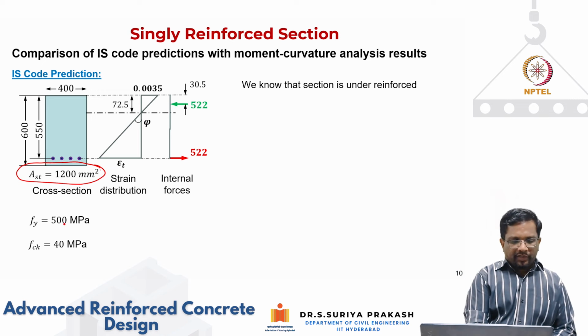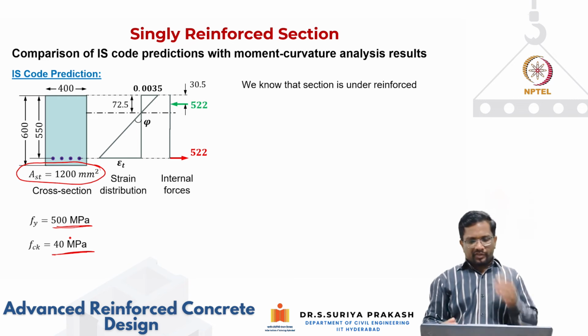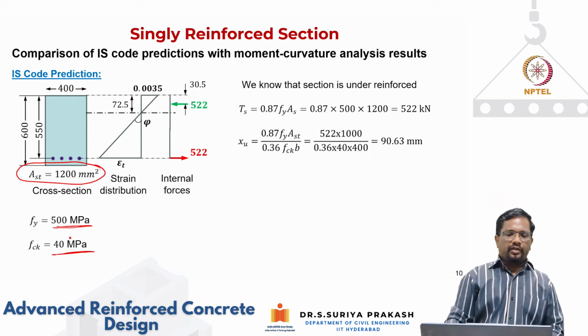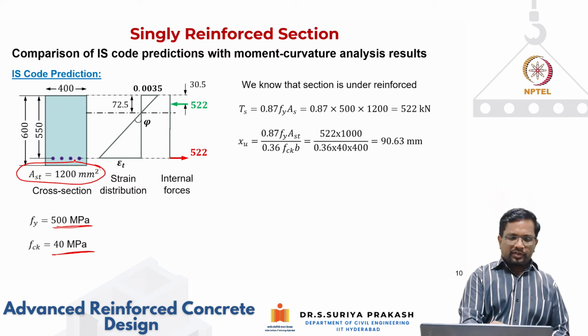Okay. So here I am taking a 500 megapascal steel again, and a characteristic compressive strength of 40 megapascal. Now what I am doing is not just the Ast for this particular problem, not the demand. So this Ast is different.